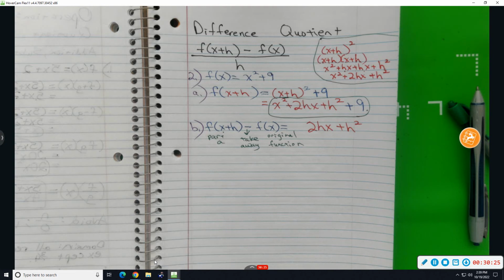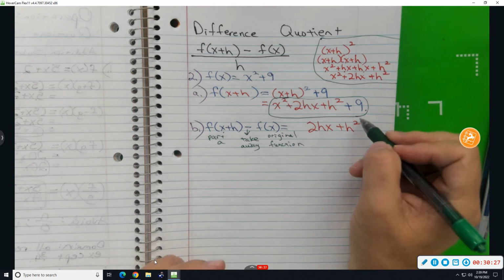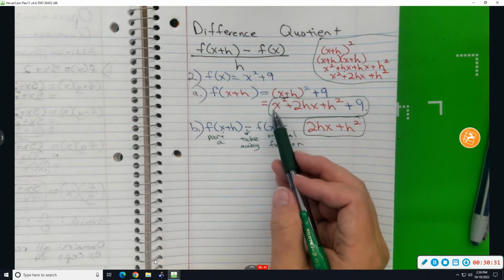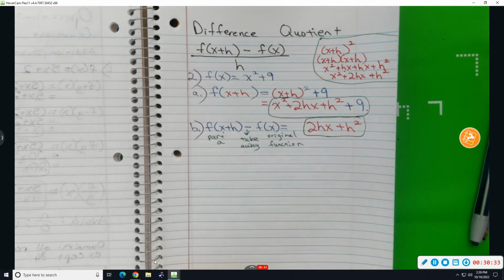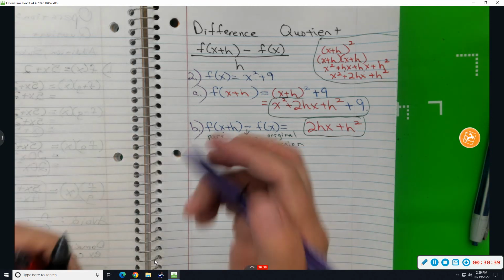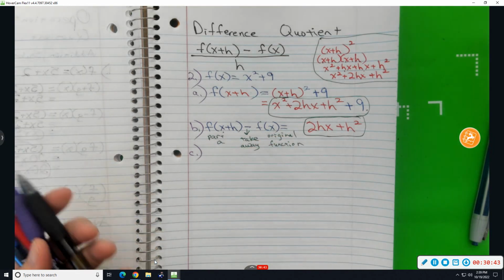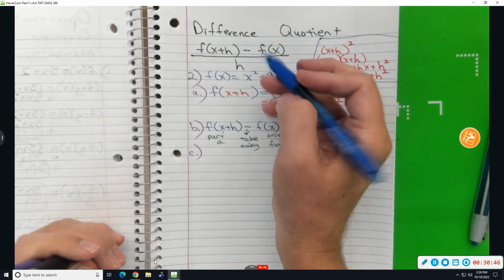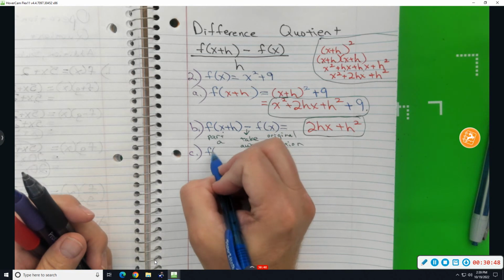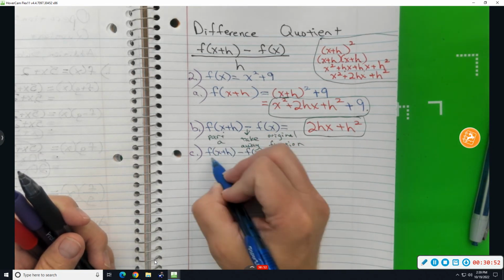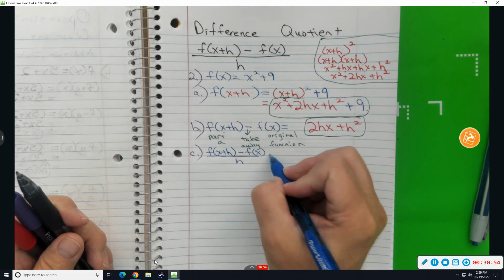Any questions there? That's the answer for part B. You took what you found in part A and you take away the original function terms. Part C says to actually find the difference quotient, f of x plus h minus f of x, all over h.